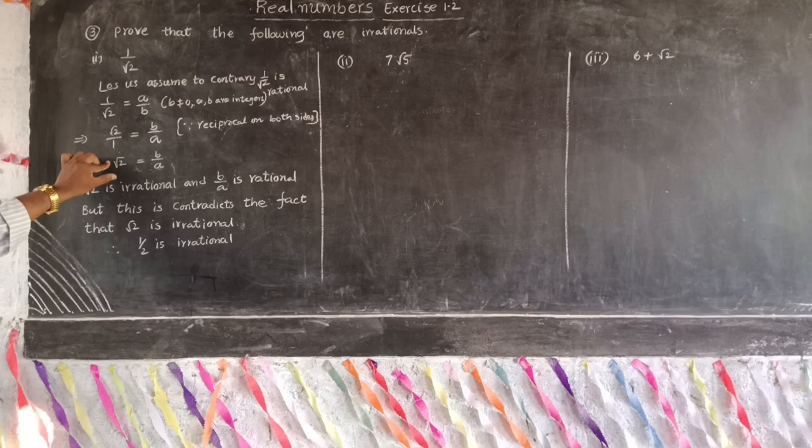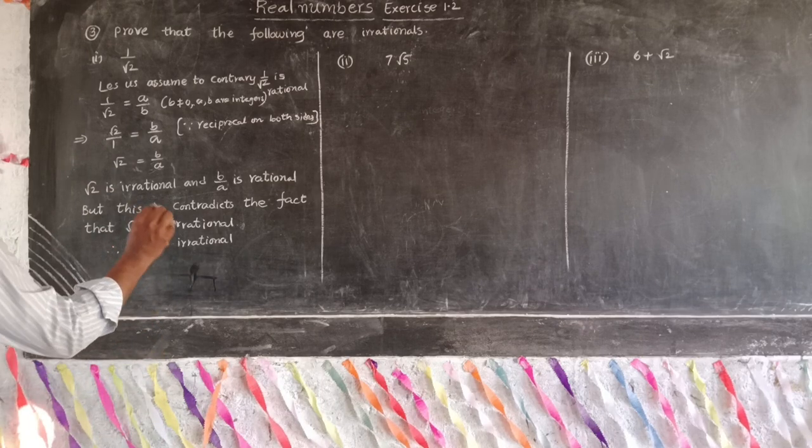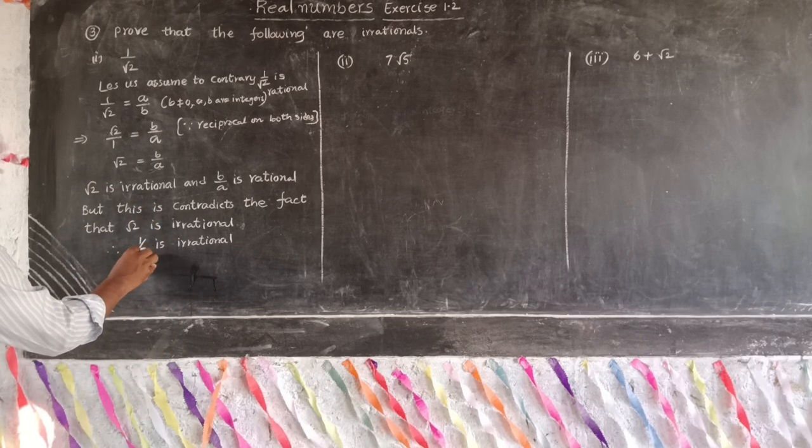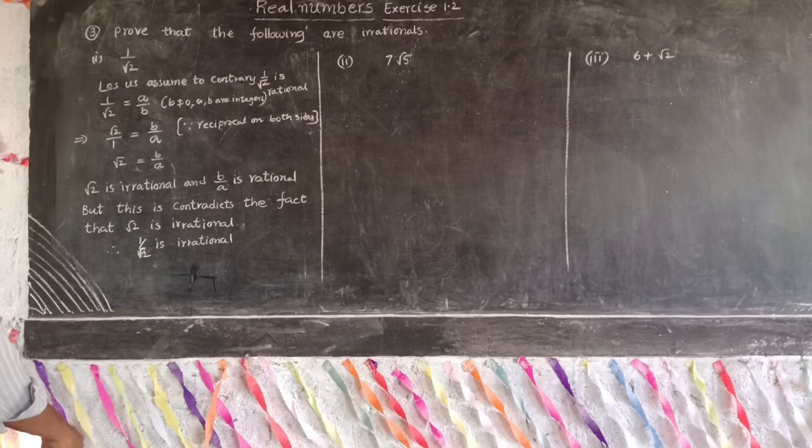Root 2 is irrational and b by a is rational. But this contradicts the fact that root 2 is irrational. Therefore, 1 by root 2 is irrational.